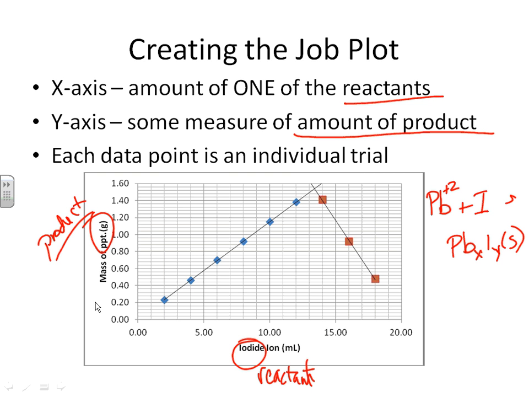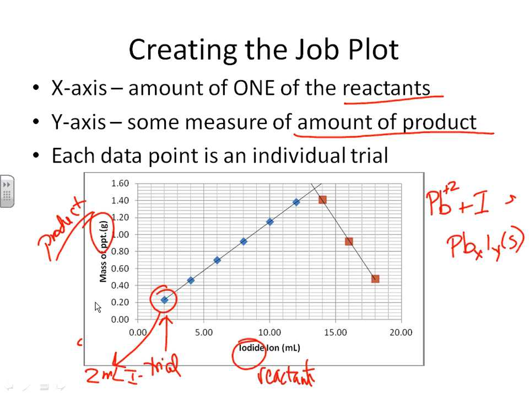And what you're seeing, each of these individual data points is a trial, meaning they did a reaction. Every single time you see a data point, they did a chemical reaction and they measured the amount of product that they got. What's not being shown is that, for example, right here, this was 2 milliliters of the iodide.